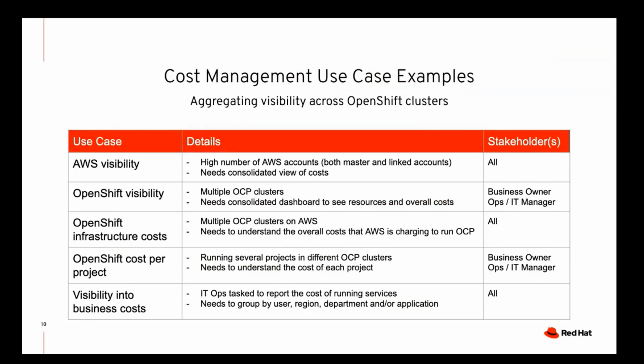But it can be the same with OCP. You have 10, 15 OCP clusters. How are you going to know the number of resources that you are using and if really the deployment is being used in the way that you intended, and also if you're really getting the TCO that you're expecting from that?